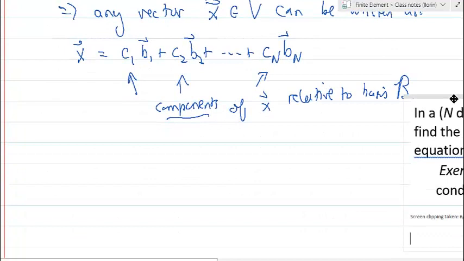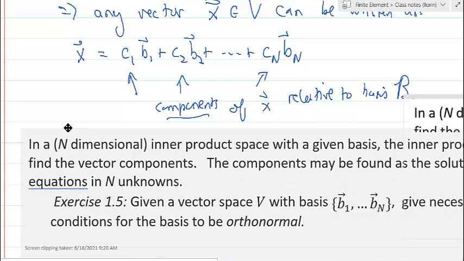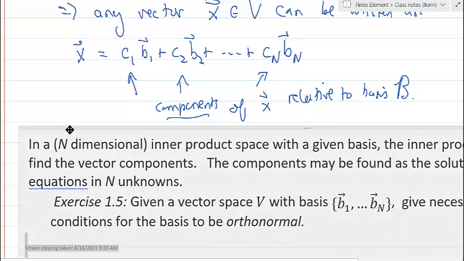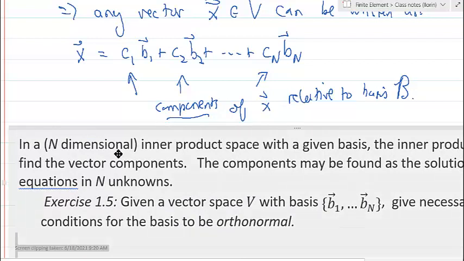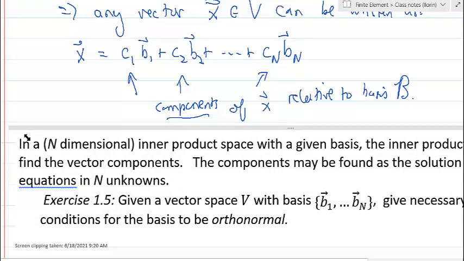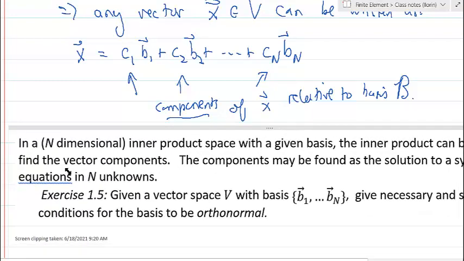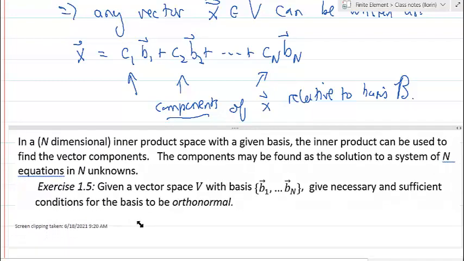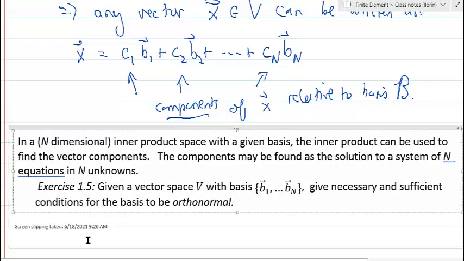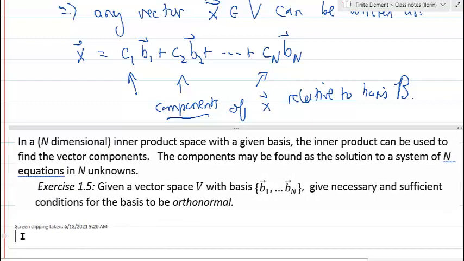Let me move it over here and make it a little bit smaller so we can see it. That gives us the equation.